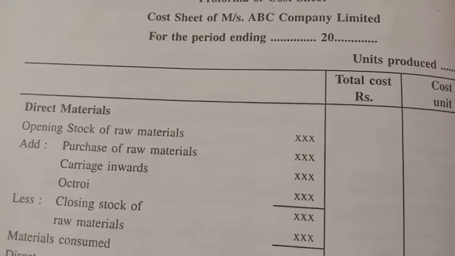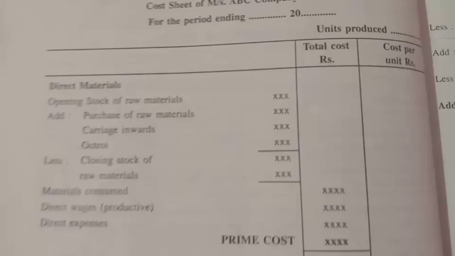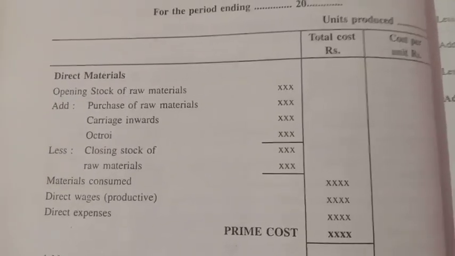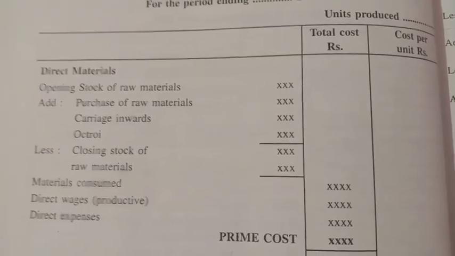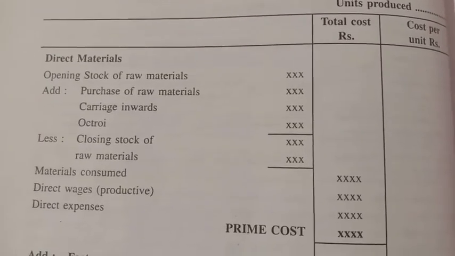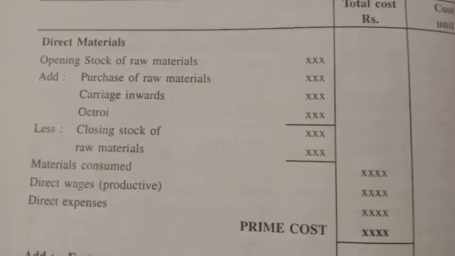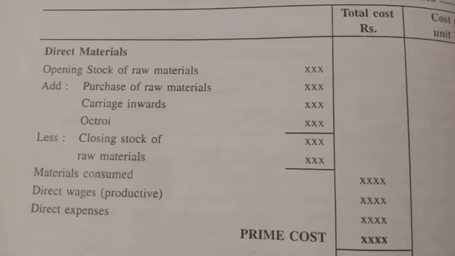To get the prime cost, we have to add direct material, direct labor or wages, and direct expenses. But for direct material, sometimes they will not give the total value directly. Instead, they will give the opening stock of raw material.